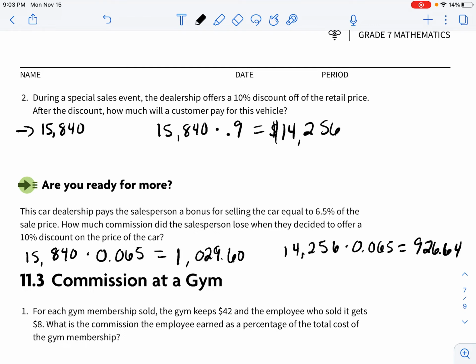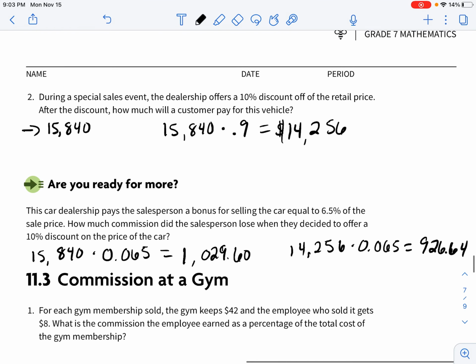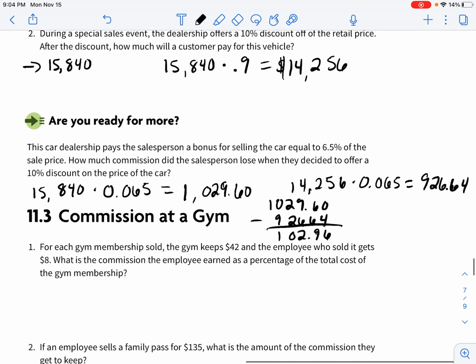So we just take the original price at 6.5%, $1,029.60, minus $926.64, and the total you get here is $102.96. Sorry, 96 cents. Okay, so that's what they missed out on for commission.